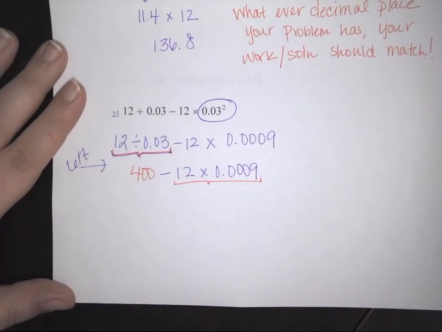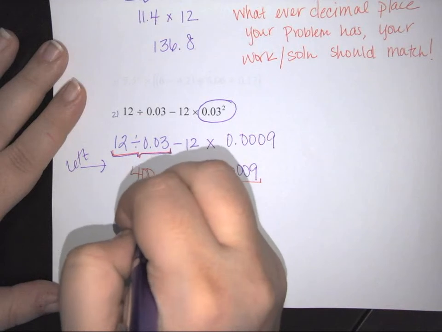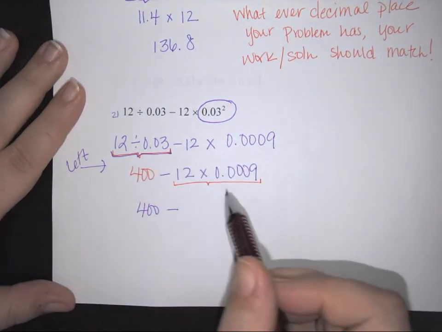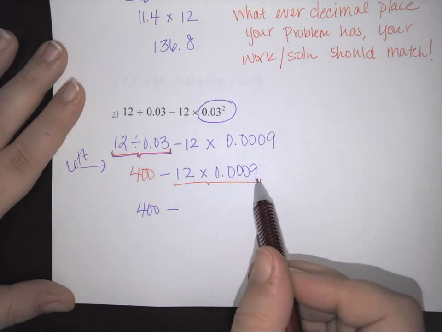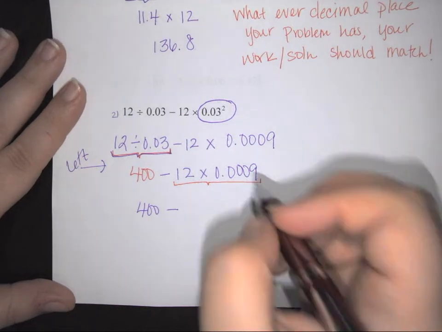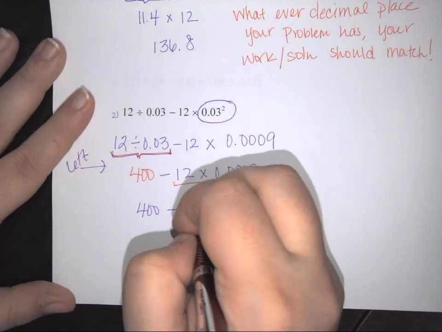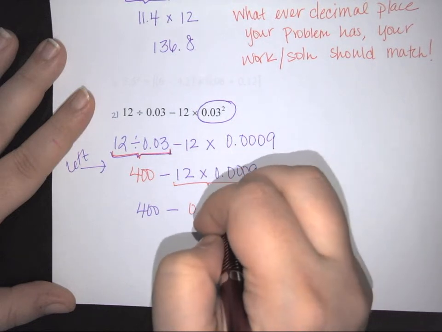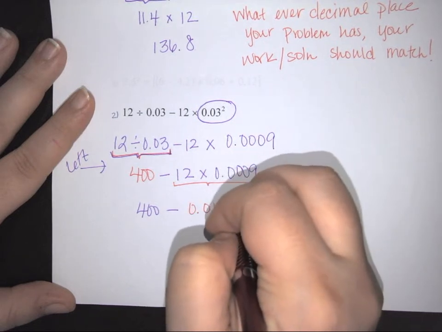So if you look at it, I'm still going to have my 400 minus, but then I have 12 times 0.0009. So when you multiply that, we're going to come out with 0.018108.